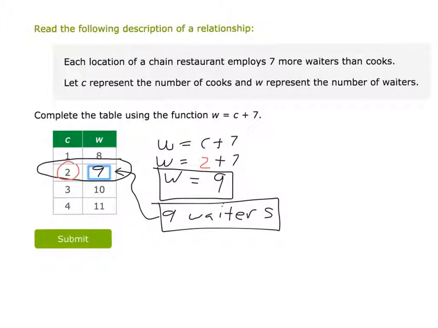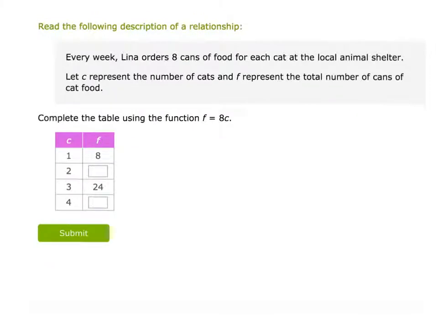All right. Example number 2. Read the following description of a relationship. Each week, Lena orders 8 cans of food for each cat at the local animal shelter. Let C represent the number of cats and F represent the number of total cans of cat food.